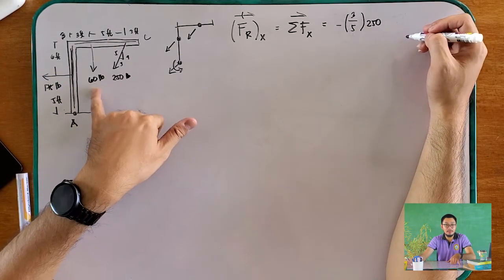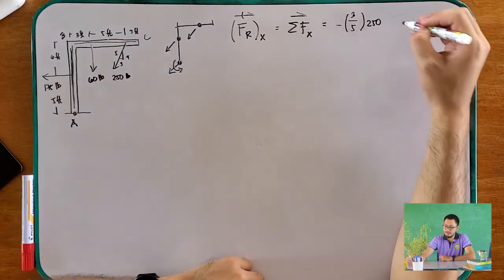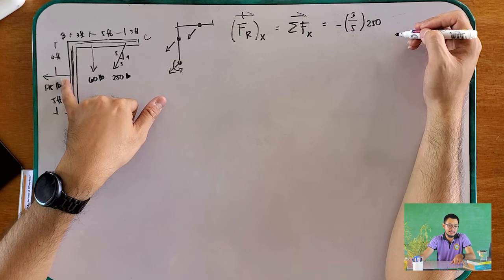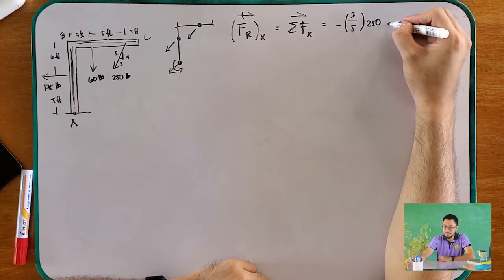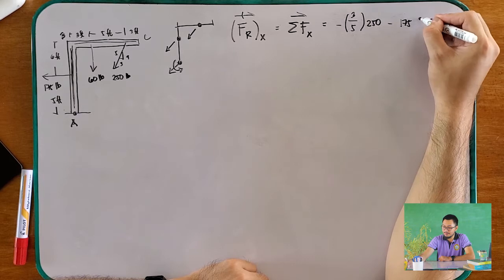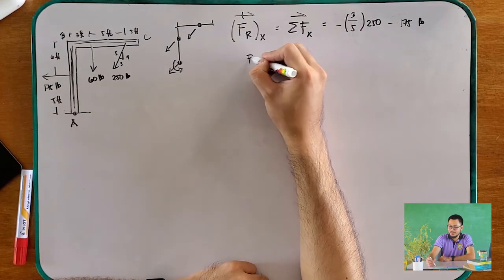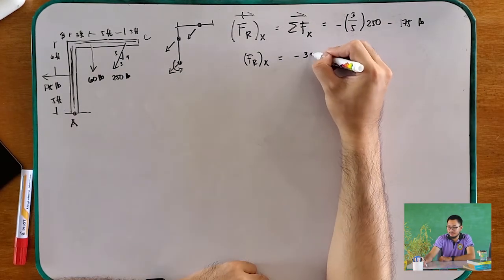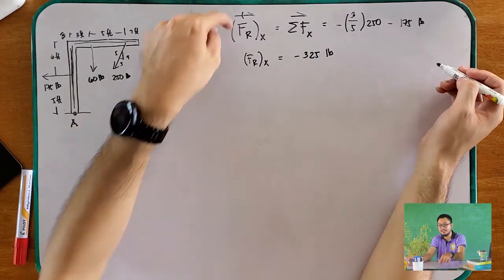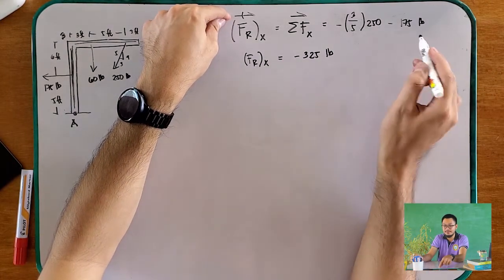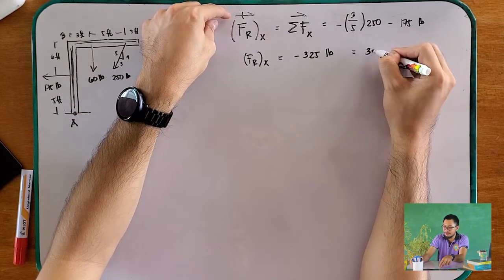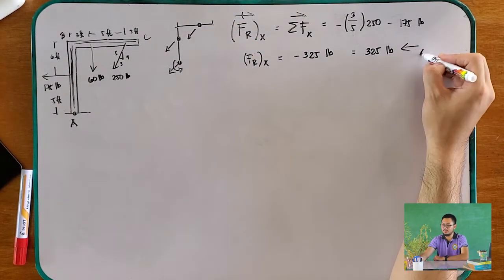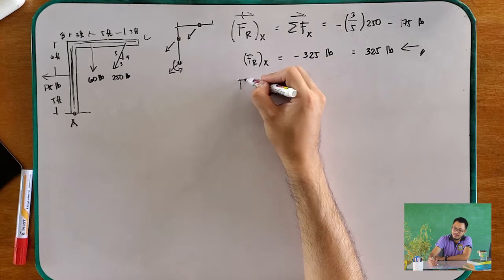Then 0, since it has no X component. And we don't need cosine or slope since it is moving horizontally. So minus 175 pounds. Therefore, your FRX is equal to negative 325 pounds. But since we assumed it is moving to the right, to make it positive, it is 325 pounds moving to the left.